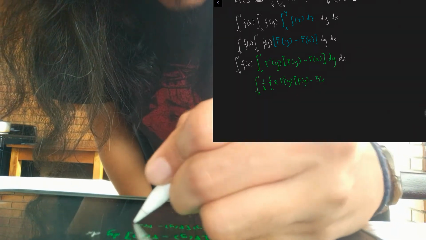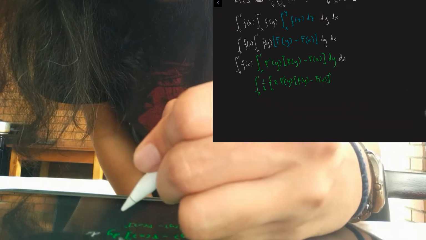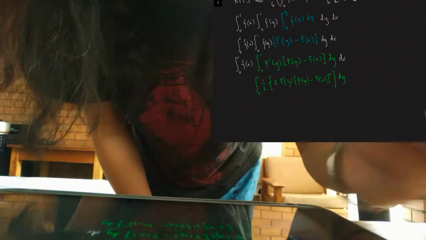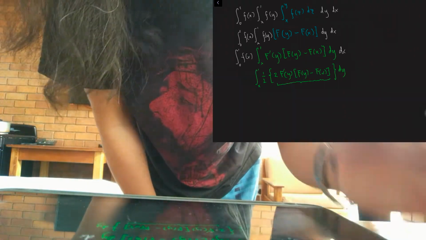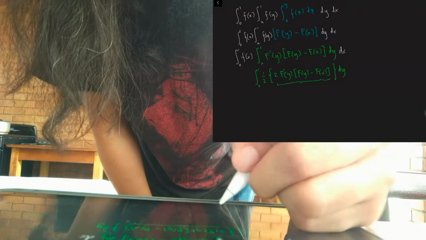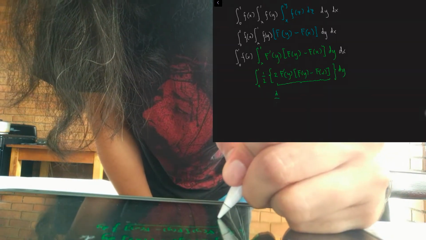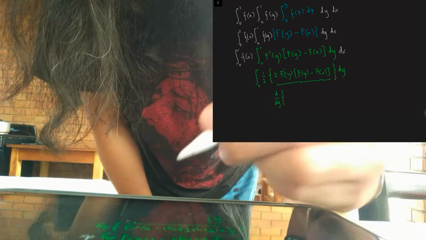minus capital F of x squared dy, okay, and then note that this whole thing, sorry, there's no squared there, it's just F of y minus F of x. This whole thing is equal to the derivative with respect to y of what?